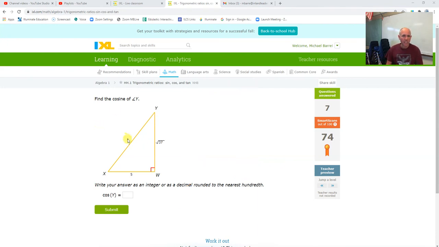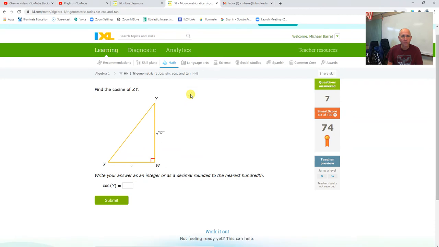Okay, so we've got to find the hypotenuse. So it's square root of 37. I forgot to write a 37. Okay, so square root of 37 squared plus 5 squared equals the hypotenuse squared.